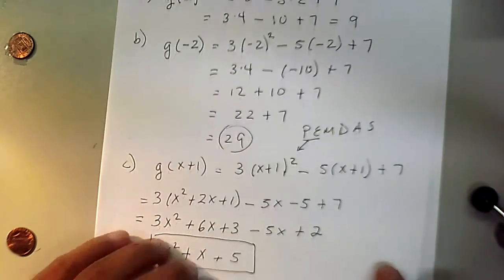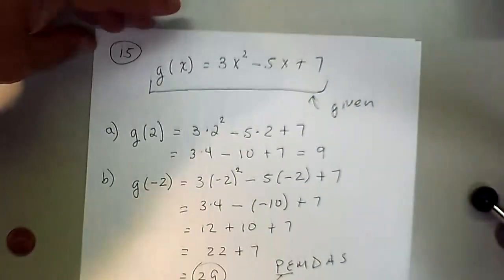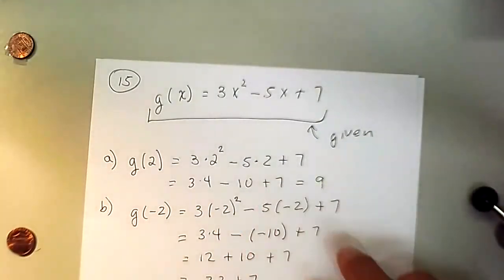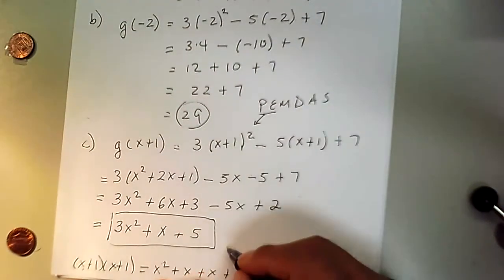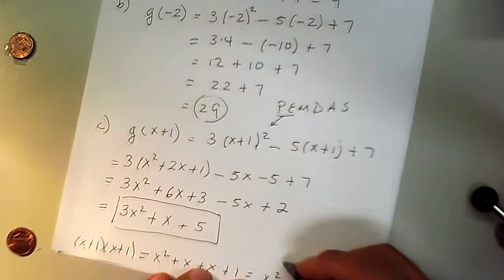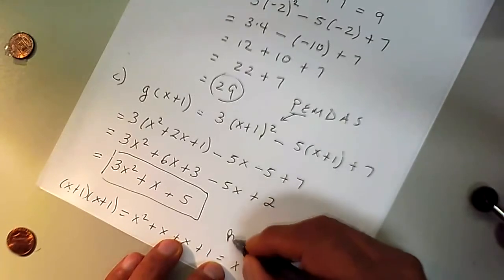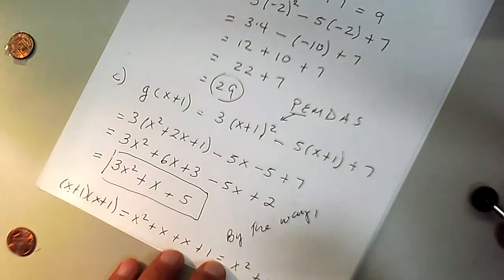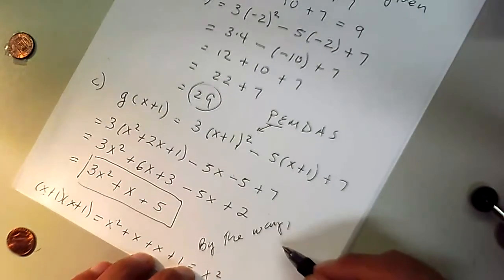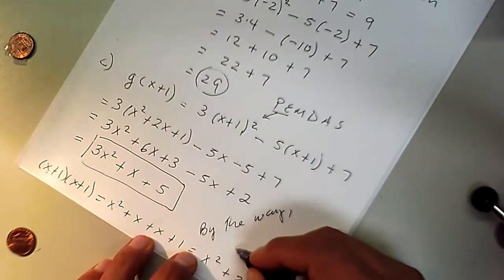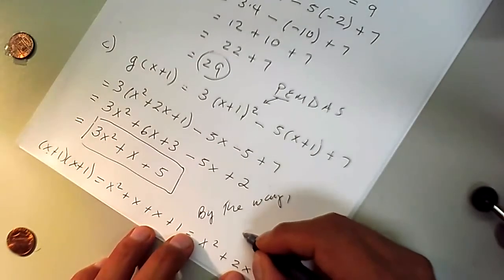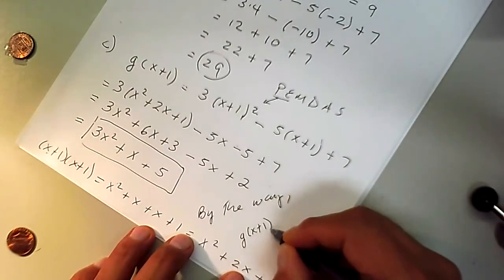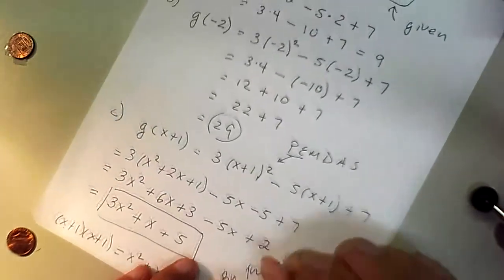By the way, a really, really bad mistake would be this. Some students who do not know this may think of it very simplistically and say, oh, g of x plus 1, all I have to do is add 1 to g.